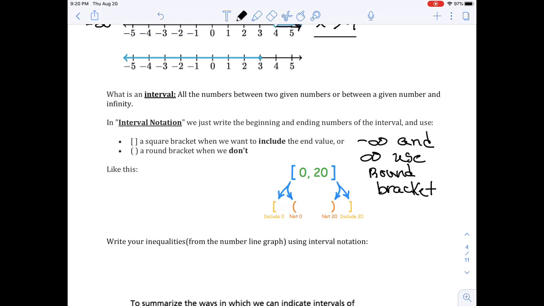And we would never include infinity or -infinity because we can't reach them. They are infinite by nature of the word infinity.